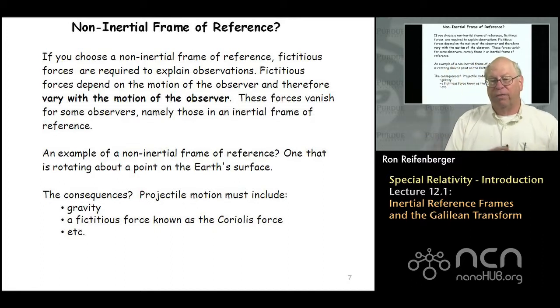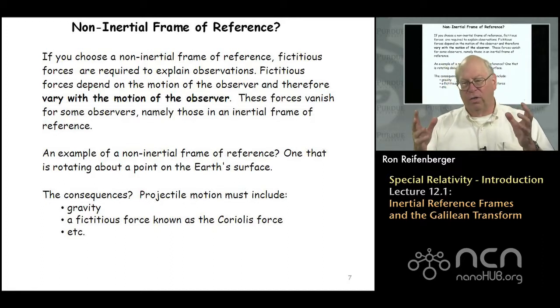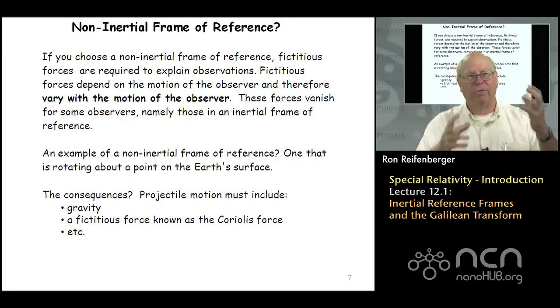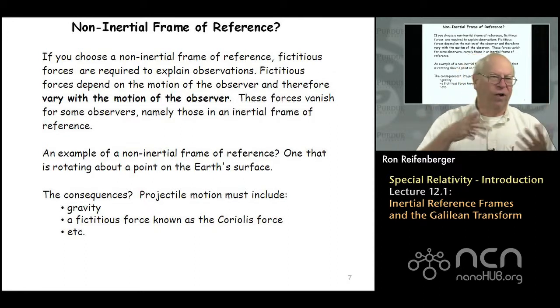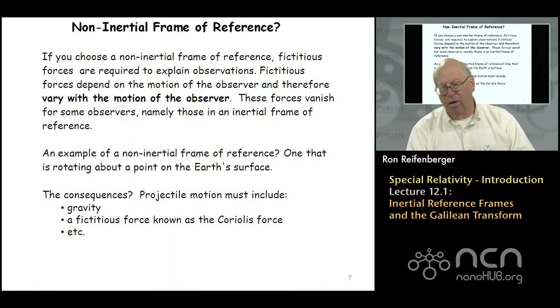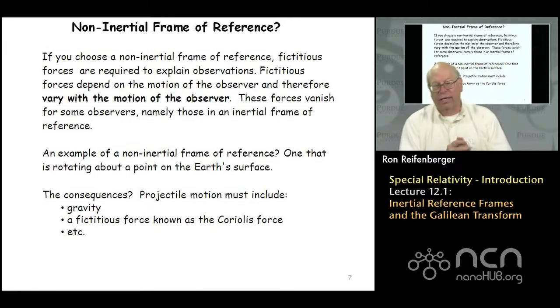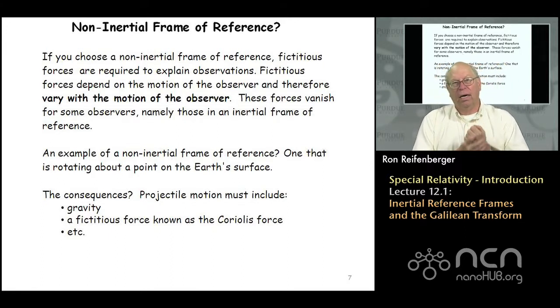So if these fictitious forces vanish, then you know you're in an inertial frame of reference. But if you do an experiment and you have to invent all kinds of additional forces to describe, let's say, the motion of a particle, then you're pretty sure that the frame of reference you've chosen is non-inertial.